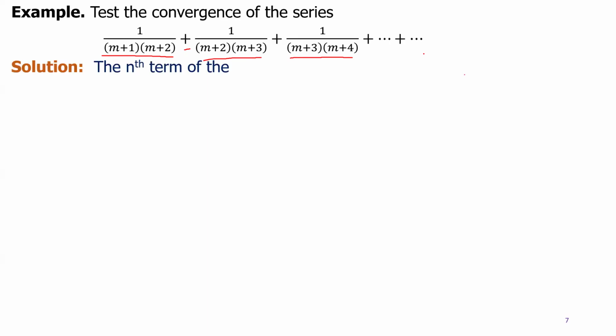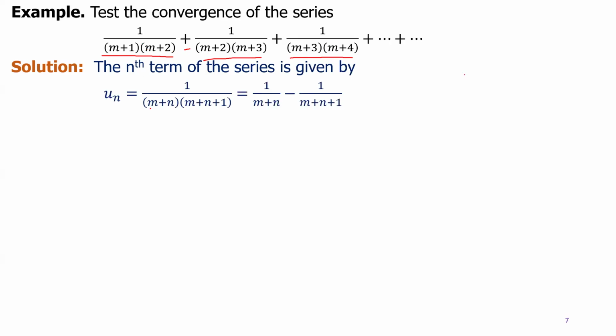The nth term of the given series is given by un equal to 1 upon (m+n)(m+n+1). Just look here: the first term has 1, the second term 2, the third term 3, so the nth term should be n.